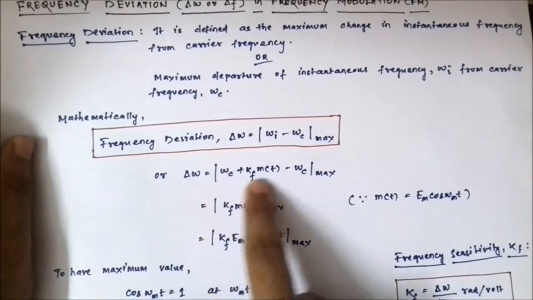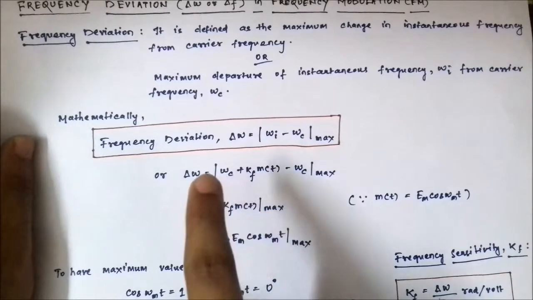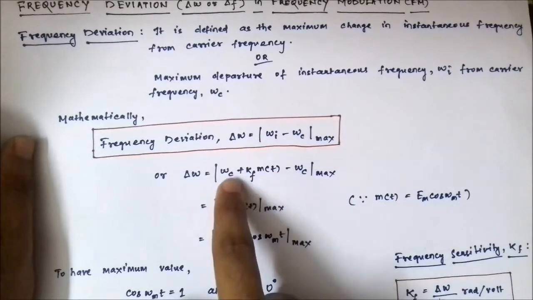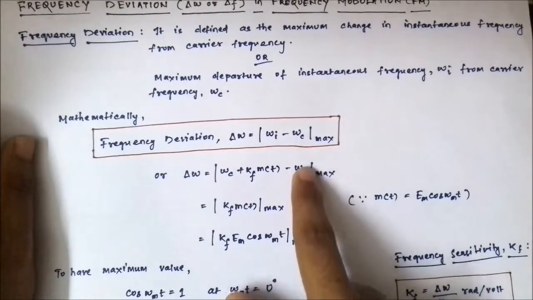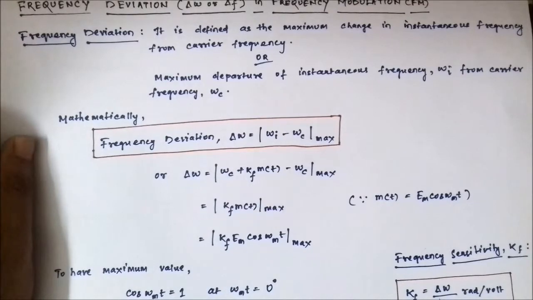This term is the change in frequency which has been made to the carrier wave. Now the carrier frequency when subtracted from it gives us the frequency deviation.